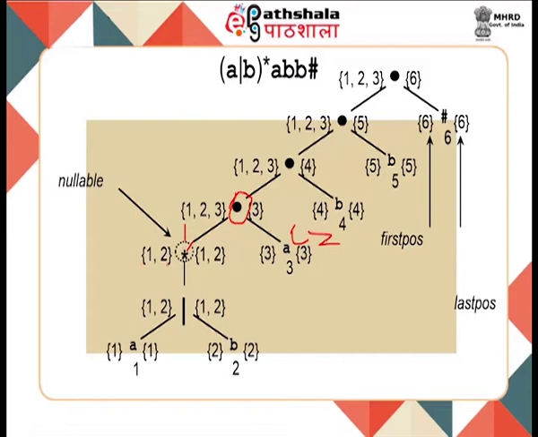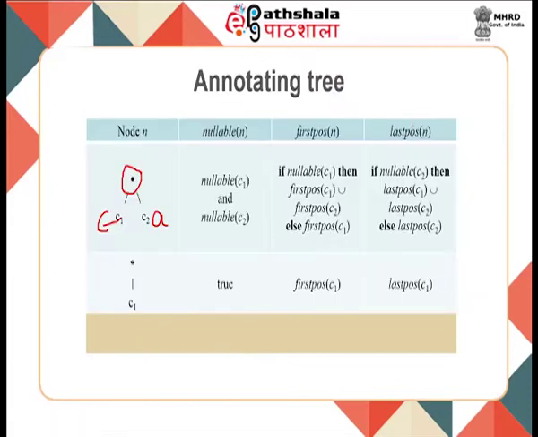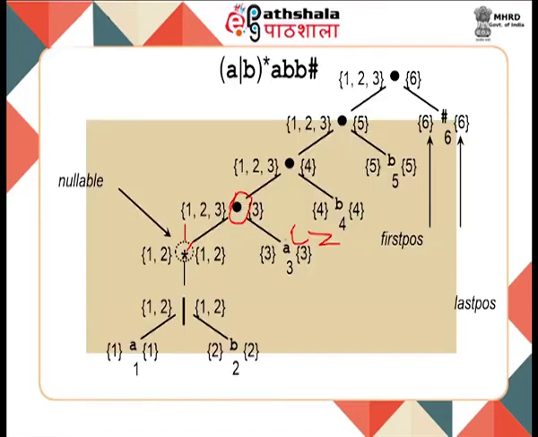So 1, 2 is the first position here. Here it is 3. So the first position of this particular node is 1, 2, 3. What about last position? If C2 is nullable, then it is union, else it is last position of C2 alone. Here this is not nullable, therefore last position of this node is only 3.